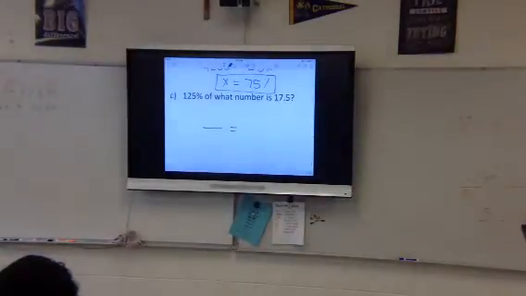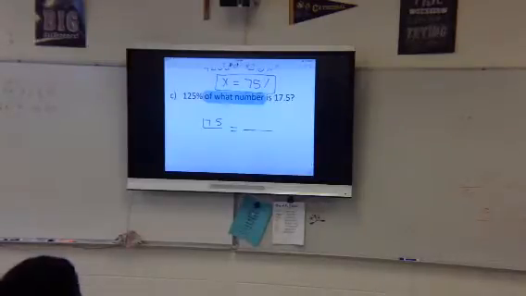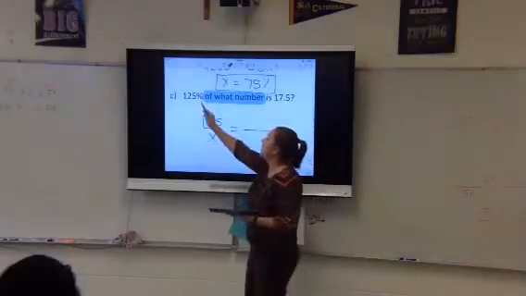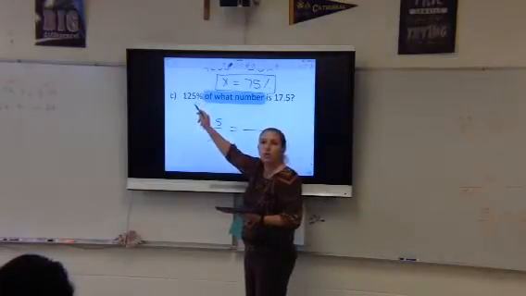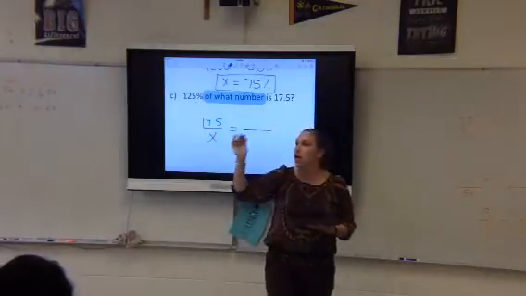You put 17.5 on the top because it is, and then 125 on the bottom because it's of. Nope, not quite. What's the of say? Of what number? So we have an X down here. Okay, if it has a percent on it, where does that have to go? Top over the what?